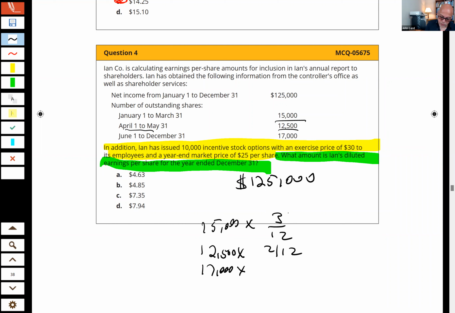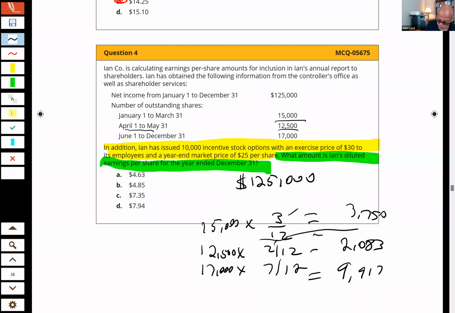12 months in a year, we've accounted for 5 months up here. So that means that there's 7/12 of the year left. You go through and do the extension on all that, and you end up with 3,750. You end up with 2,083. You end up with 9,917.